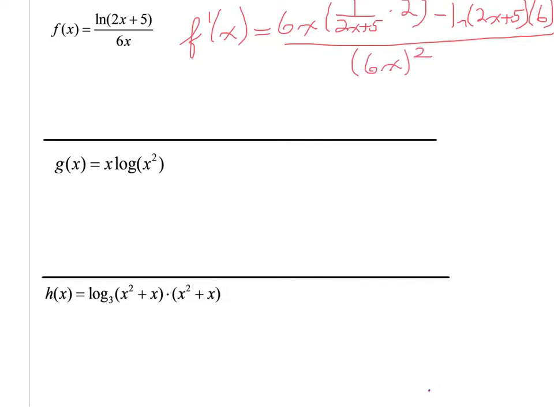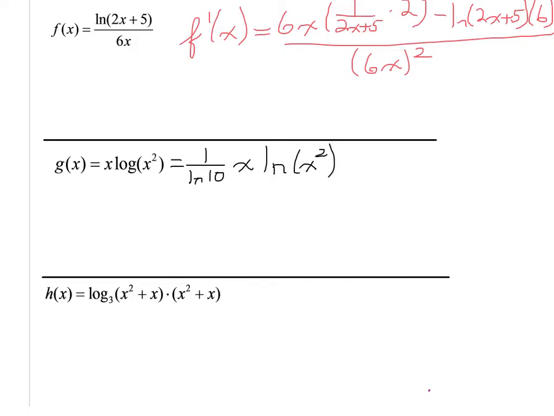Or in the second example here, g of x, which is going to involve the product rule, g prime of x would be first, whoops, before I do that, sorry about that, I just noticed I'm not dealing with a natural log, so I am going to change it into a natural log. So that's base 10, so 1 over natural log of 10 times x times the natural log of x squared.